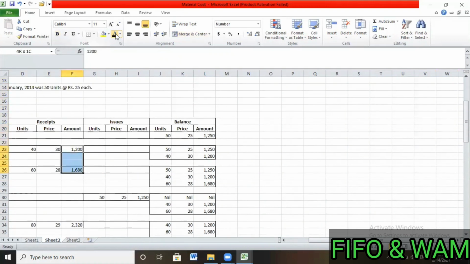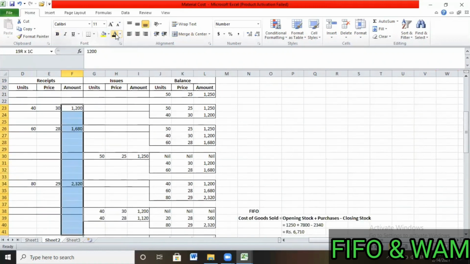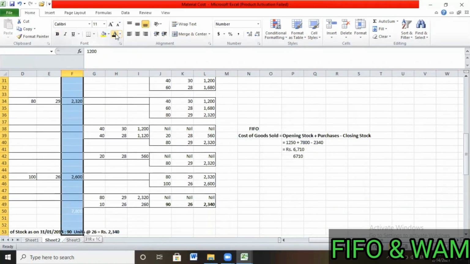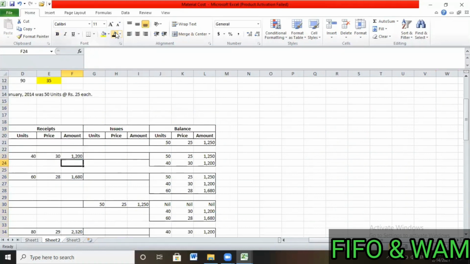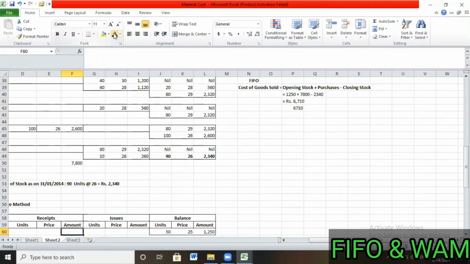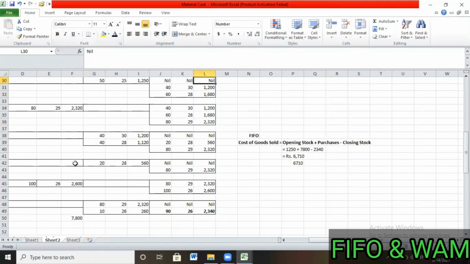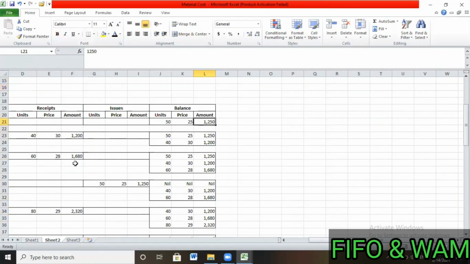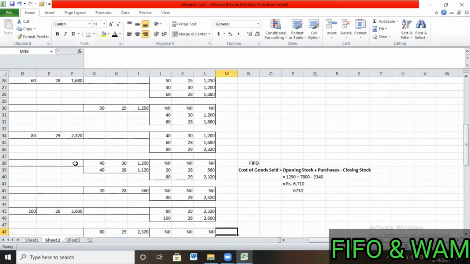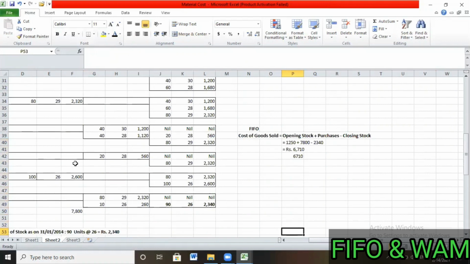All these amounts, 1, 2, 3, 4, are called purchase amount, and you can get 7800. This is your purchase amount, and this purchase is added to the opening stock 1250. So opening stock 1250 plus purchases 7800 minus 2340, your closing stock, you will get 6710 as the cost of goods sold.